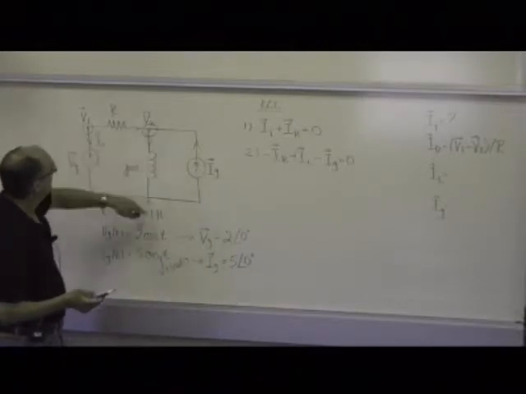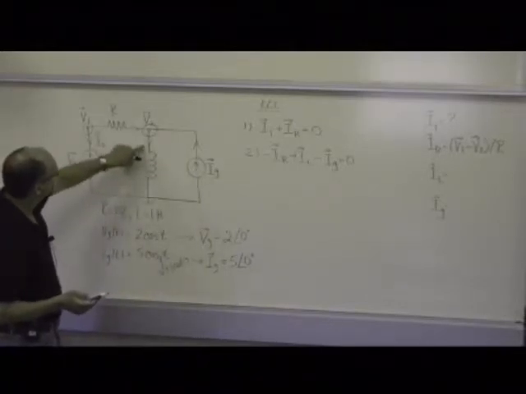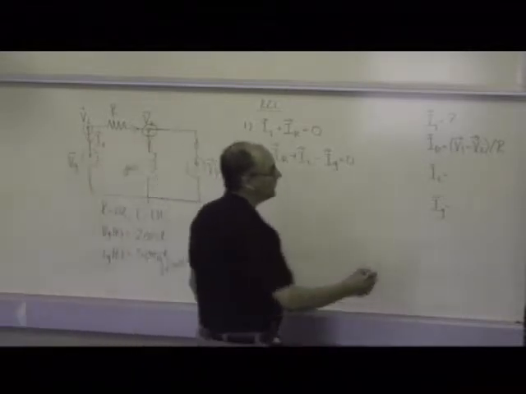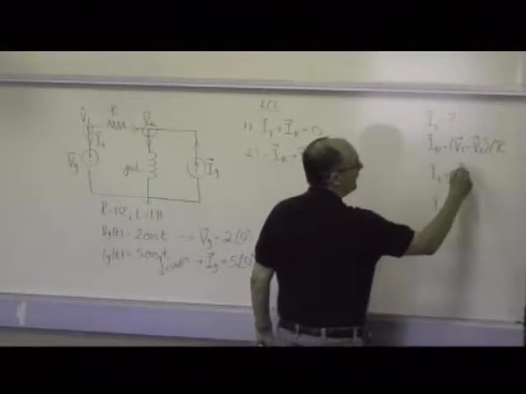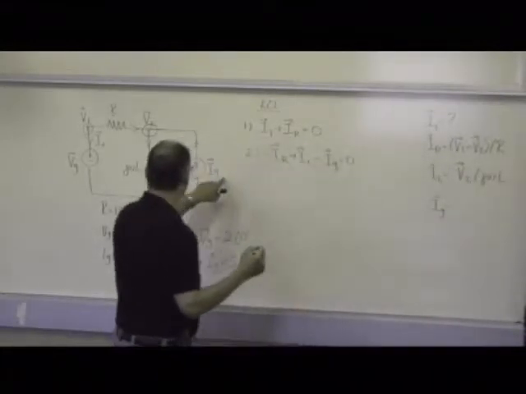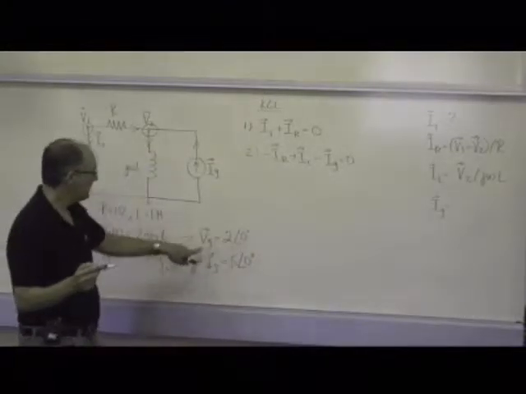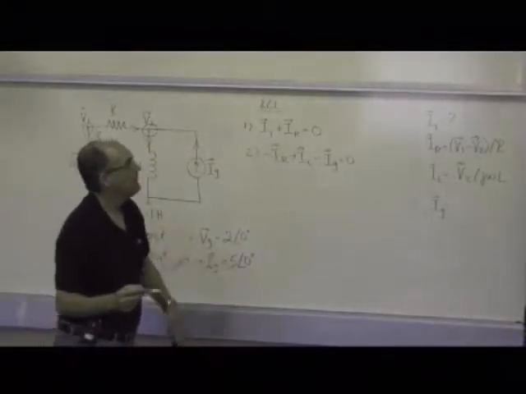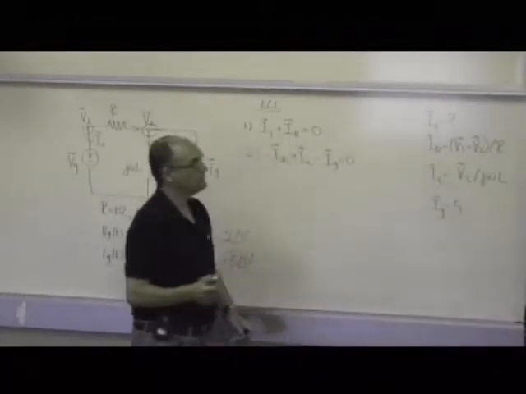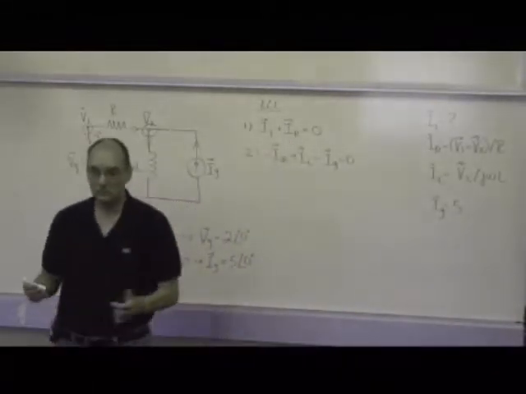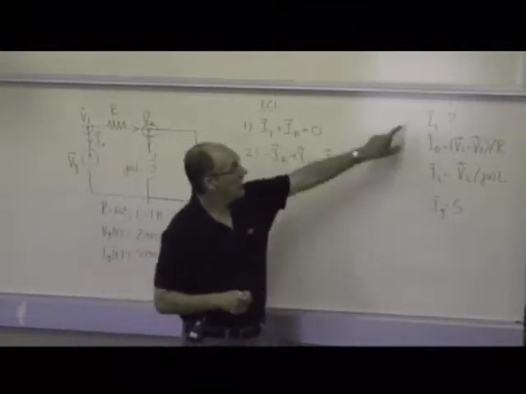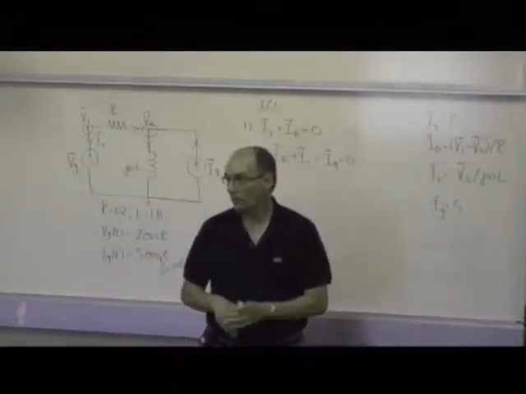So the current, as specified over here, would be V2 over j omega alpha. And IG is not a problem because it's actually something that's given, so I can immediately replace it with a 5. So I've been moderately successful here. I managed to get 3 out of 4. But I1 is still a problem.